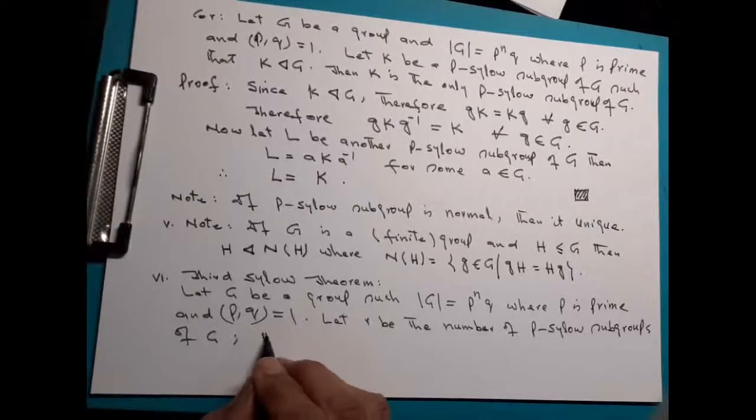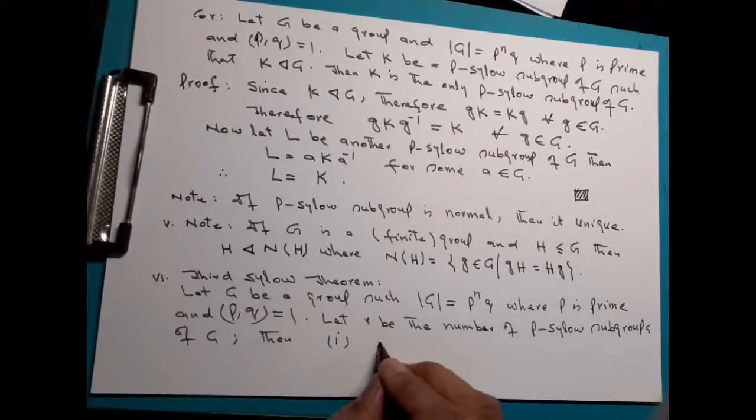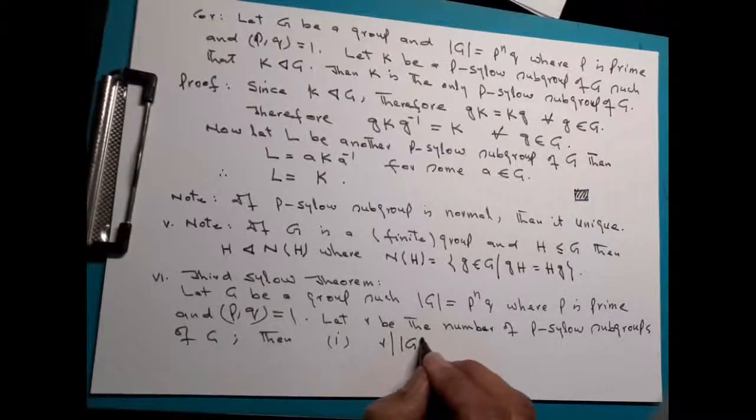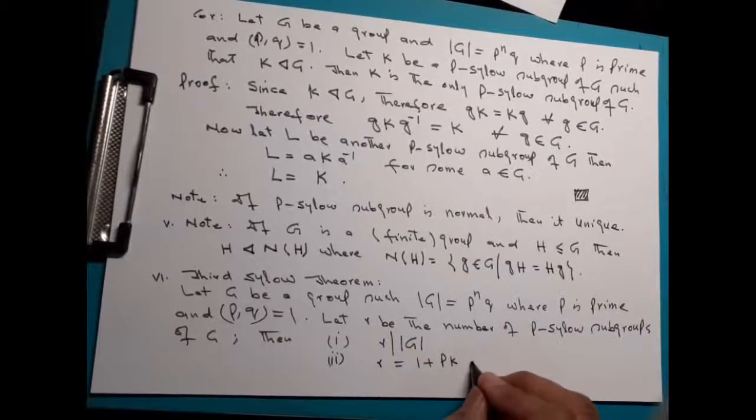Then what we have to prove is that, first of all, r divides the order of G. That is, the number of p-Sylow subgroups divides the order of the group. And secondly, the number of p-Sylow subgroups is equal to 1 plus pk, where k is a non-negative integer.